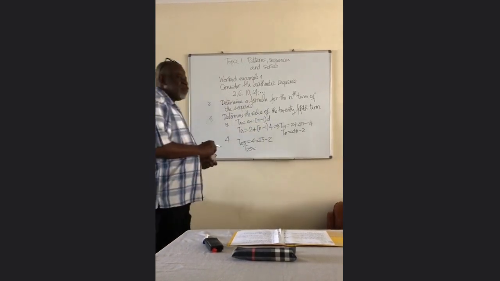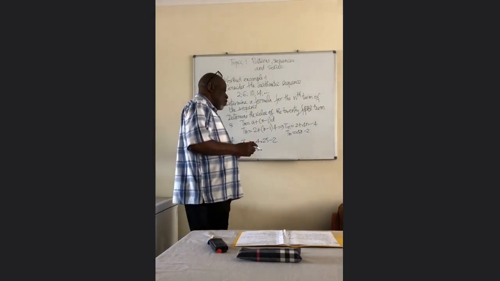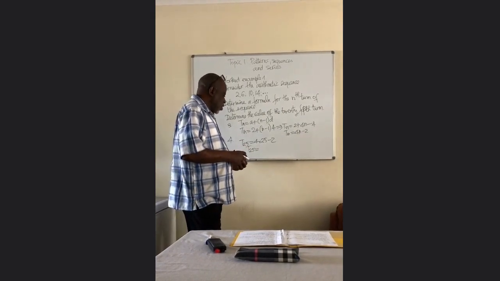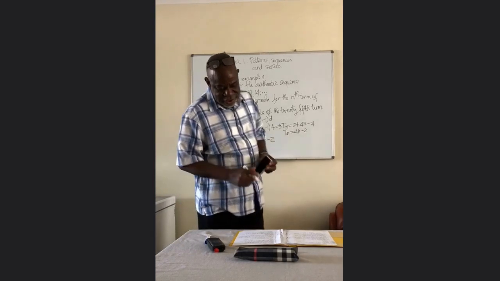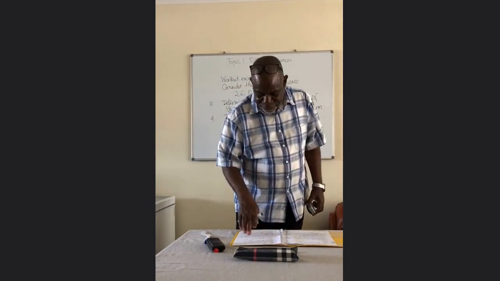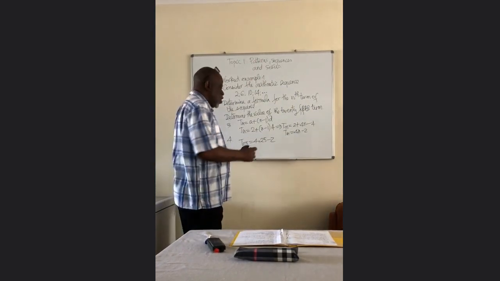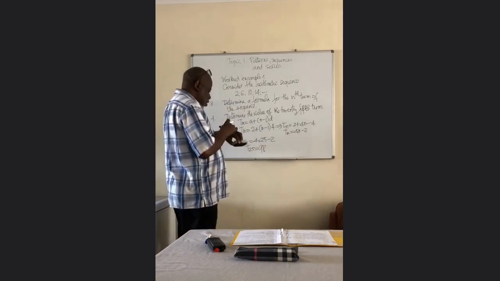You are allowed to use your calculator. 4 multiplied by 25 gives 100, and 100 minus 2 is going to be 98. So our T25 will be equal to 98.